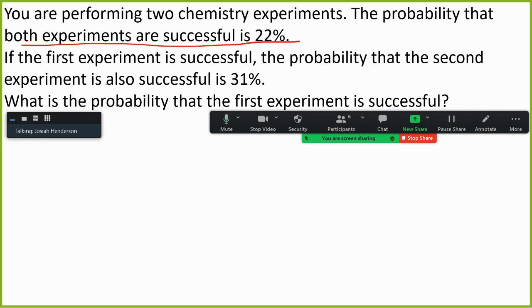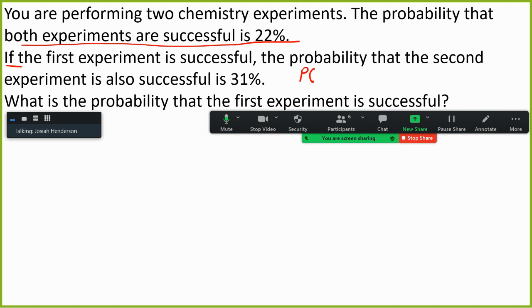So this is a little confusing how they're stating this. But in the middle, if the first is successful, the probability that the second is also successful is 31. What this is telling us is it's like saying the second one is successful 31% given that the first one is.